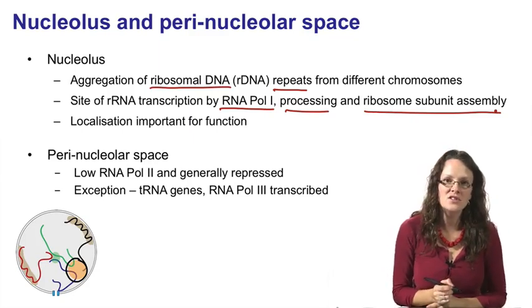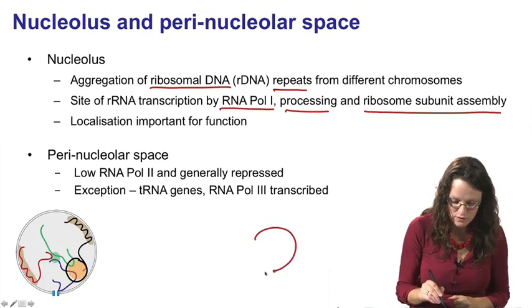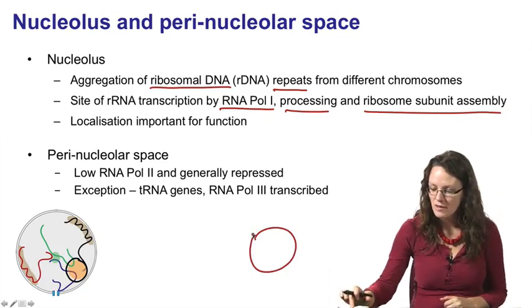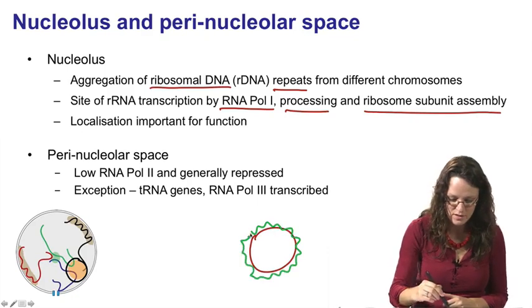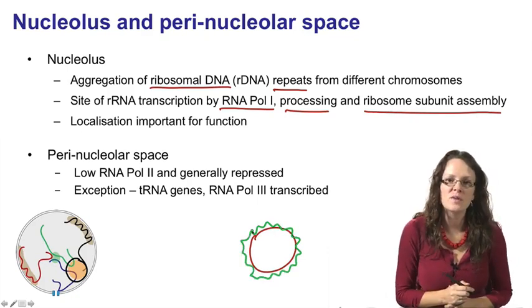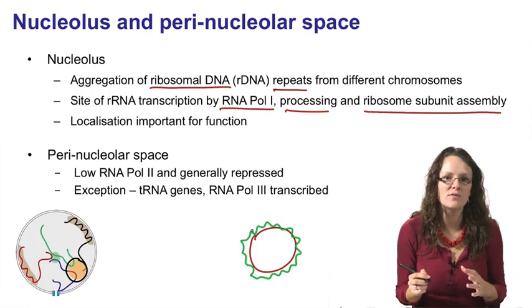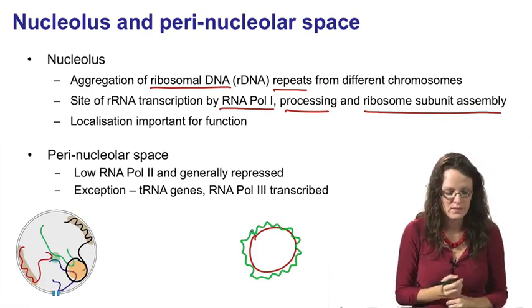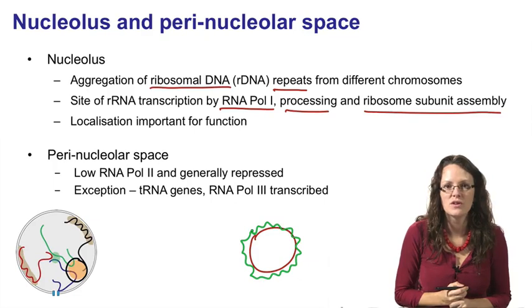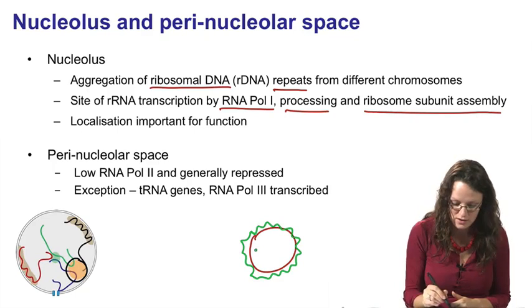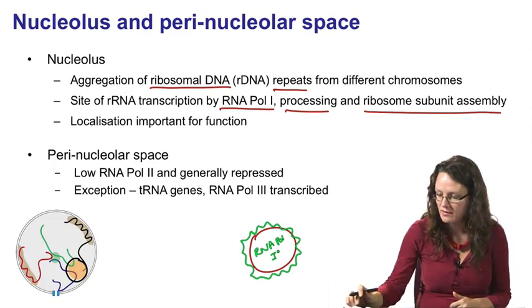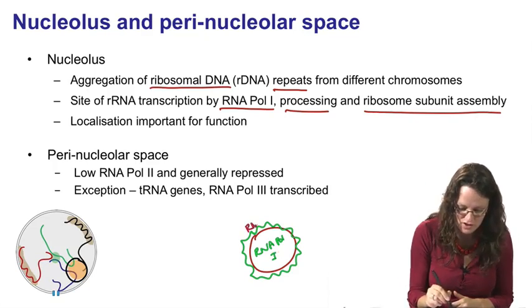In this case, in addition to the actual nucleolus, around the edge of the nucleolus is what's considered the perinucleolar space. And it's in this perinucleolar space that we can really consider this almost as a separate subnuclear compartment. In this region, rather than the RNA pol 1 which is found inside the nucleolus, around the outside what we have is a concentration of RNA polymerase 3.